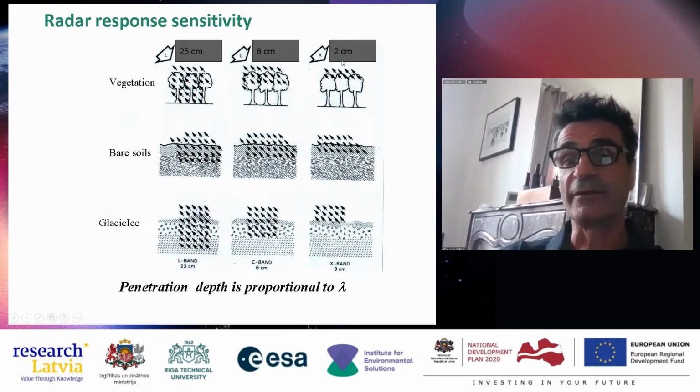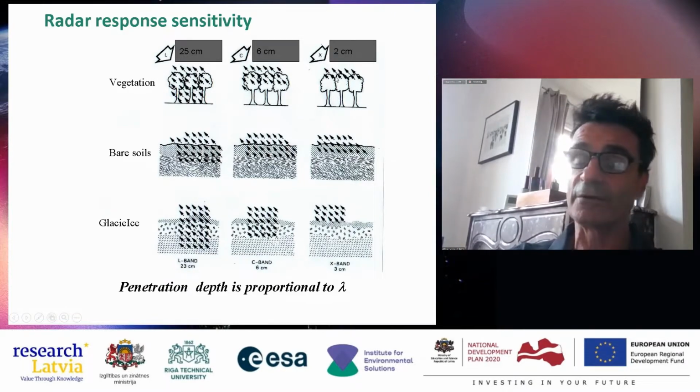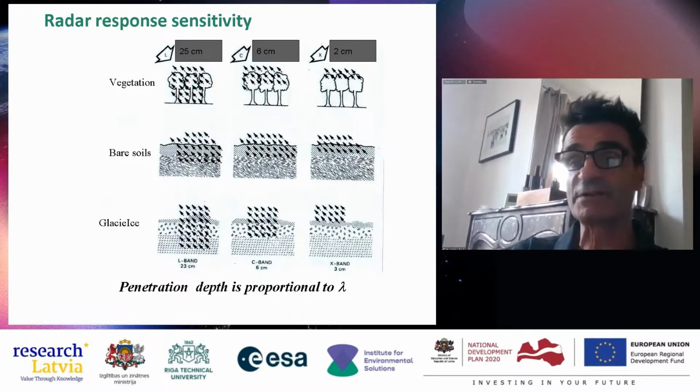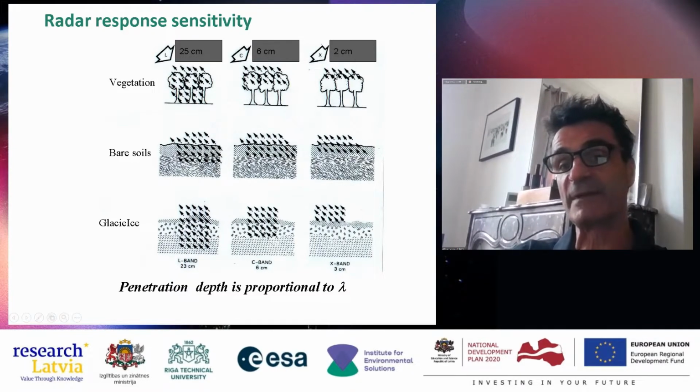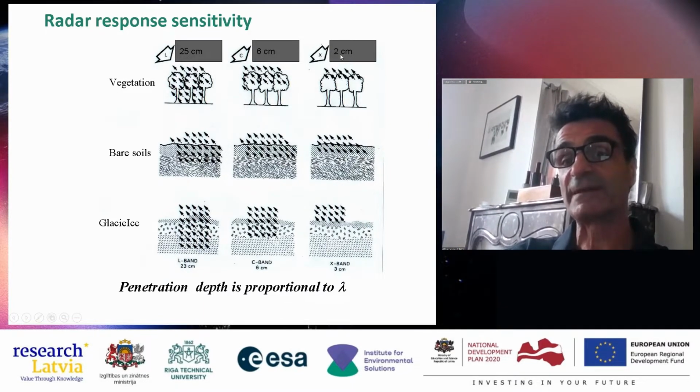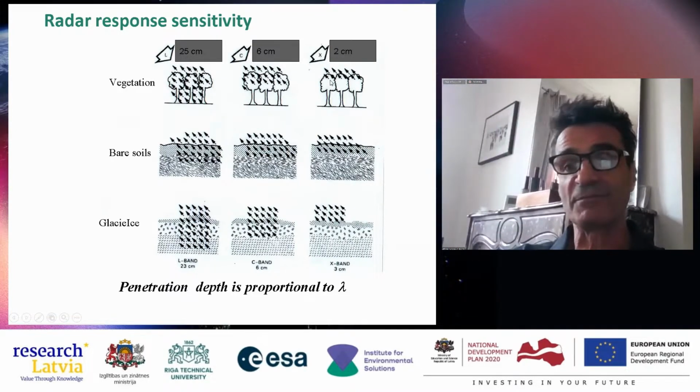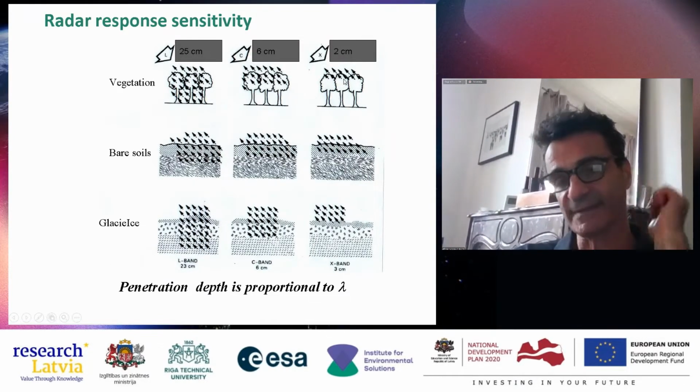And so the incident wave interacts with all these scatterers and won't penetrate too much because it loses its intensity very quickly, interacting with all the small objects of the top of the canopy. So with 2 centimeter wavelength over a forest, you just see maybe 1 meter of the top of the canopy, I think less.